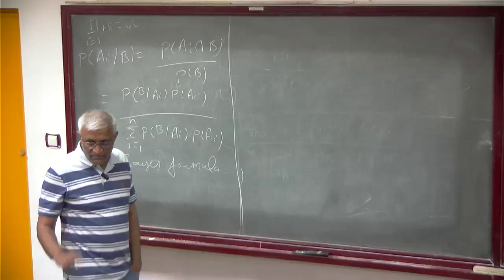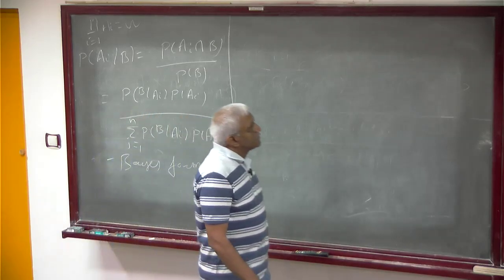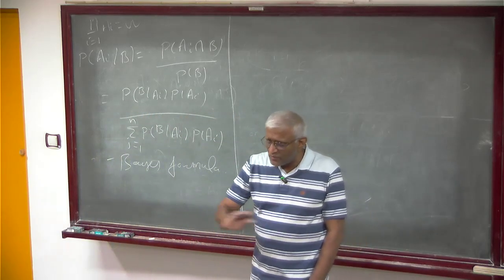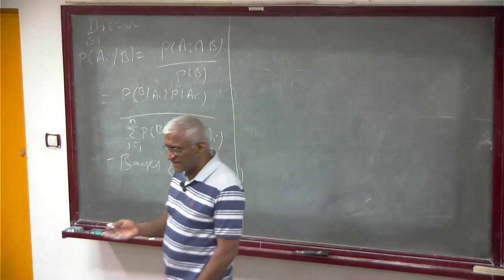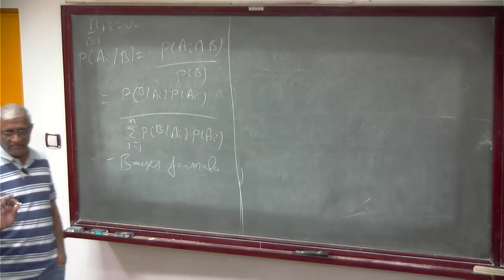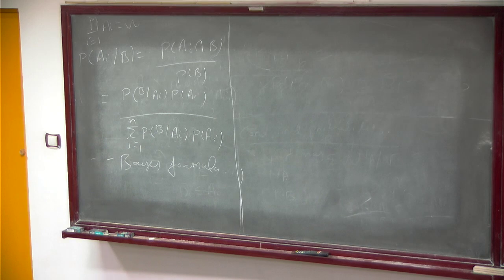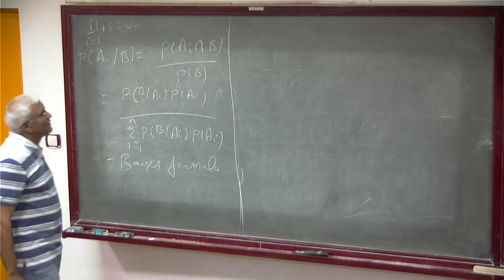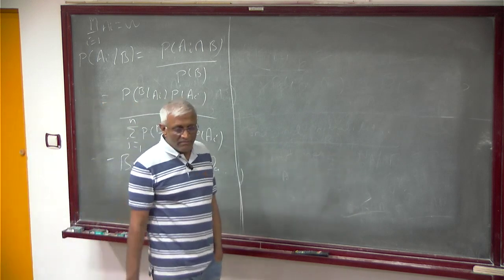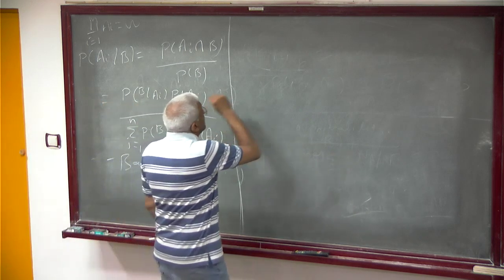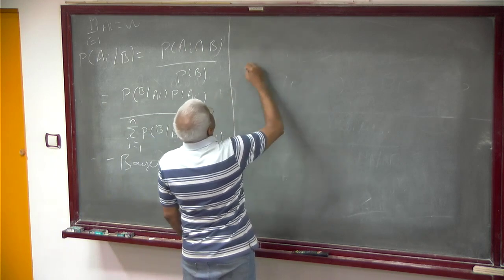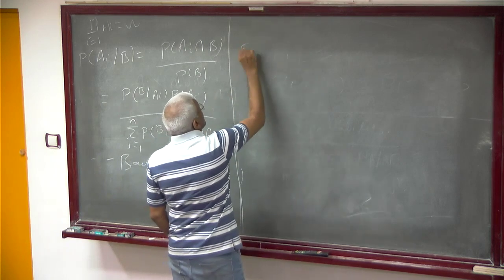That has a lot of examples and exercises. It's enough to read that book and do those, and that's enough for you. But I will not ask from those exercises. It's just for your practice. I may give an assignment from that. So let's first do the following example.